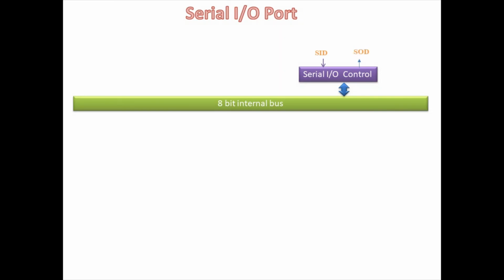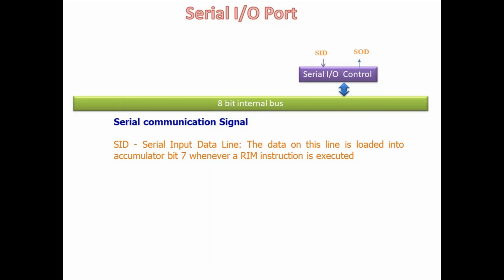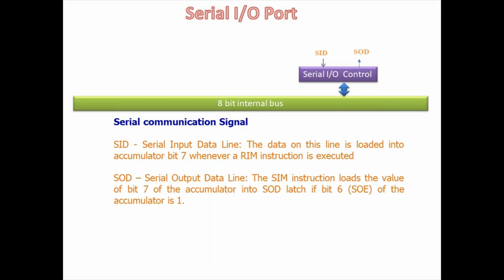SID is called serial input data and SOD is called serial output data. Nowadays SID and SOD have been replaced by TXD and RXD. These are the two signals we use for serial communication. The RIM and SIM instructions enable SID and SOD.